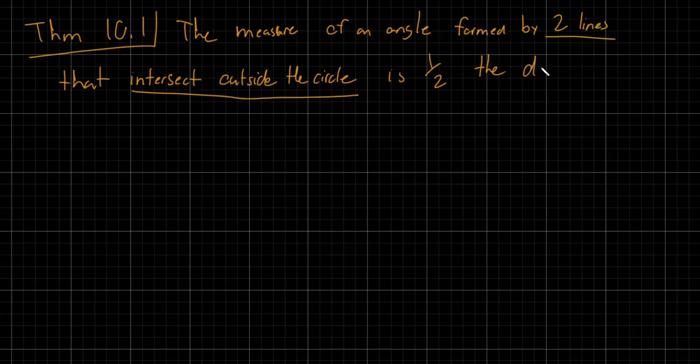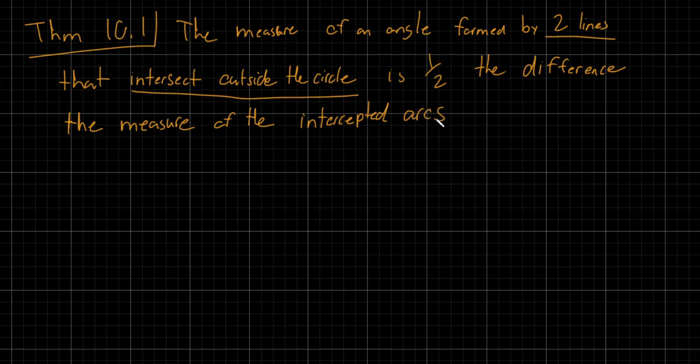Difference is what operation? Yep, subtraction. The difference of the measurements of the intercepted arcs. So the measure of the angle formed by two lines is going to be half of the difference of these two arcs.